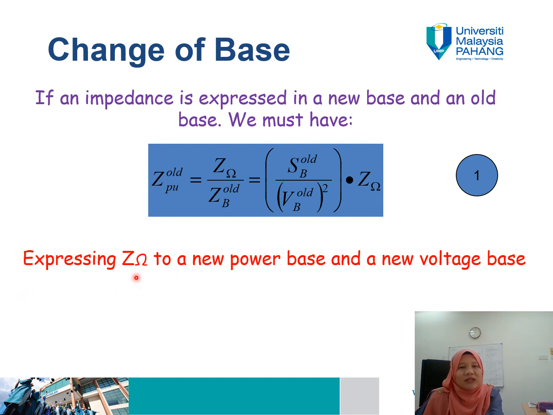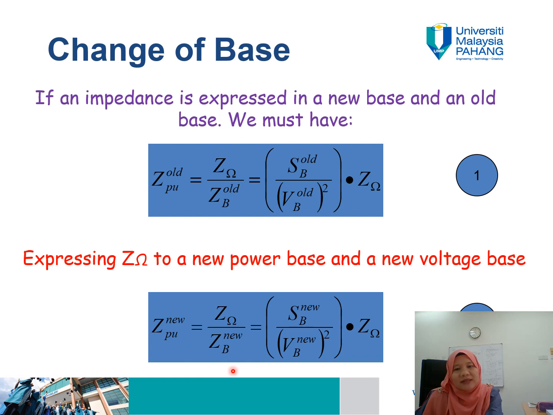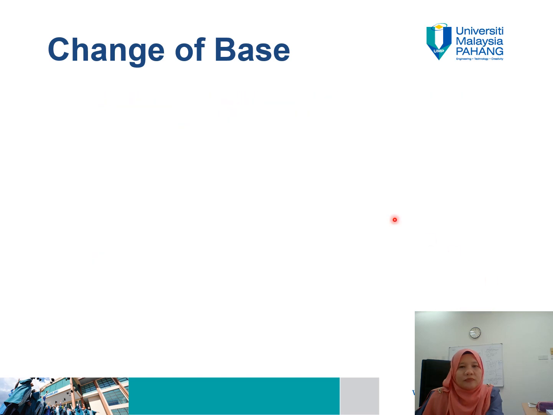Expressing the actual impedance in a new power base and a new voltage base, we get the new per unit impedance equal to the actual impedance divided by the new base impedance, which is also equal to the new base power divided by the new base voltage squared multiplied by the actual impedance. So this is equation number 1. This is equation number 2.